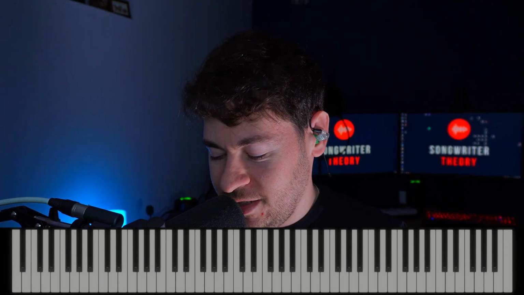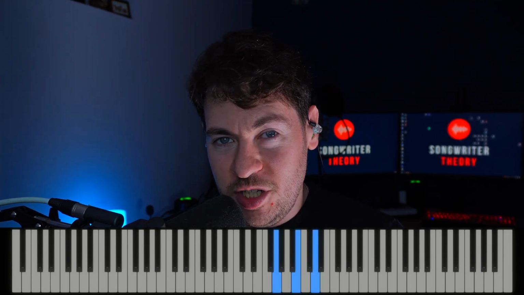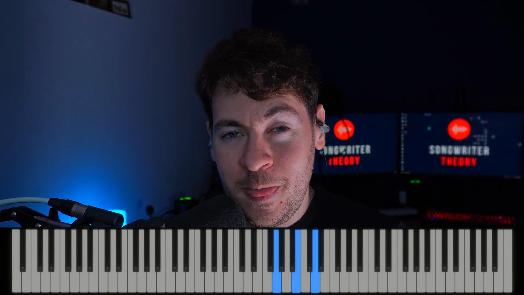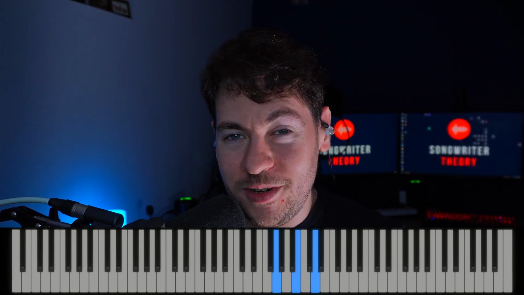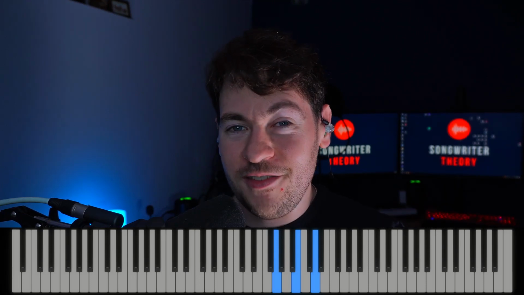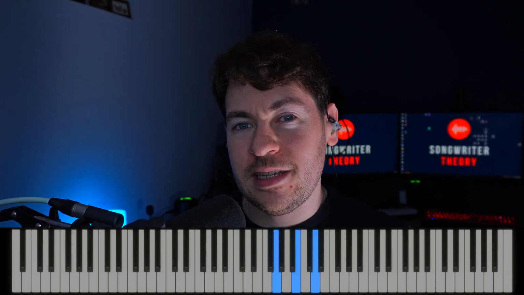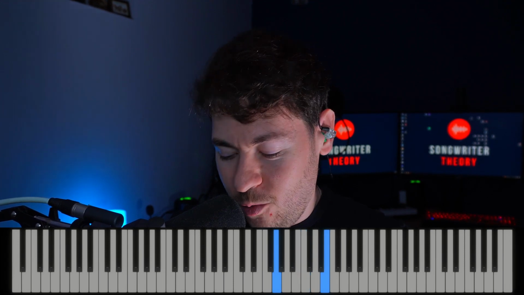One of the reasons for this is if we just take our G major chord, you'll notice that it has this B in it. And B is what you would call a leading tone. It's the primary leading tone of the entire key. Why? Because it is simply a half step away from your 1, from your tonic. So it so badly wants to resolve to that 1.